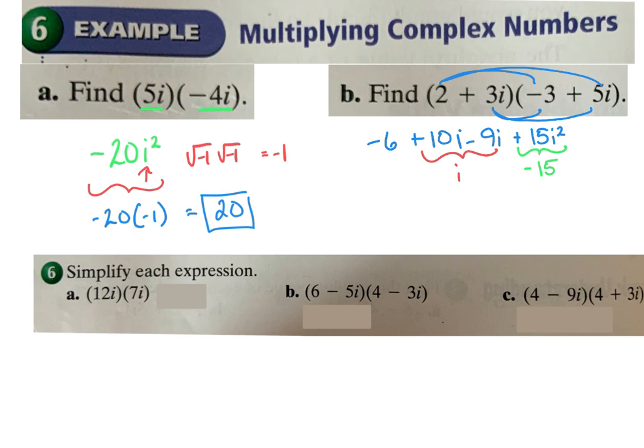Okay? And then, if you'll notice, now that I have simplified the 15i squared, I have negative 6 and negative 15 that can combine. What's negative 6 and negative 15? So in standard form, the real part is negative 21 plus the imaginary part, which is just i. Right? Make sense?